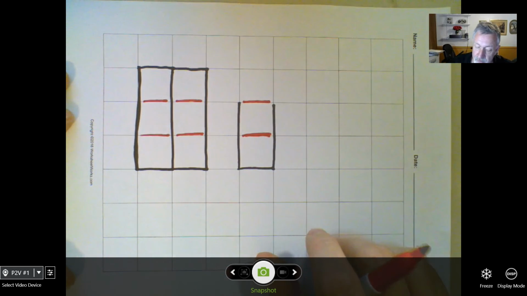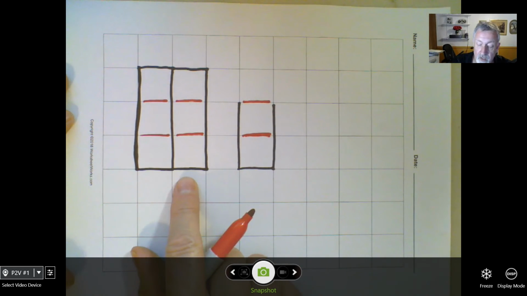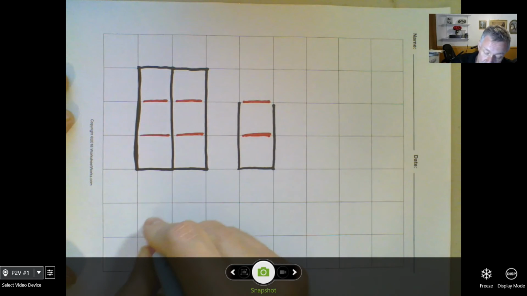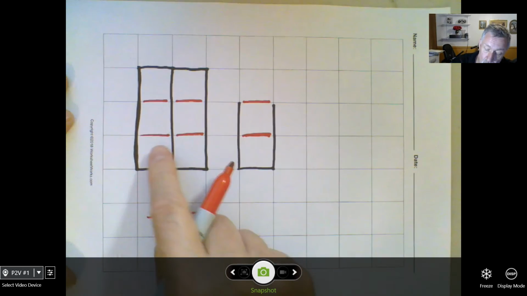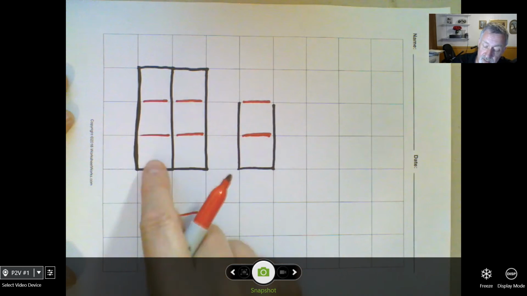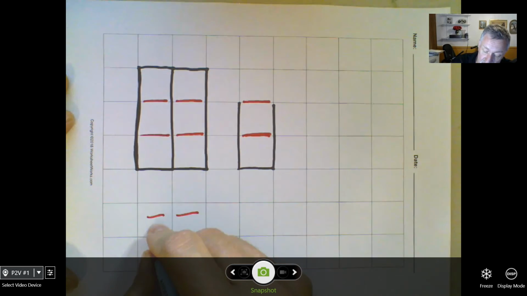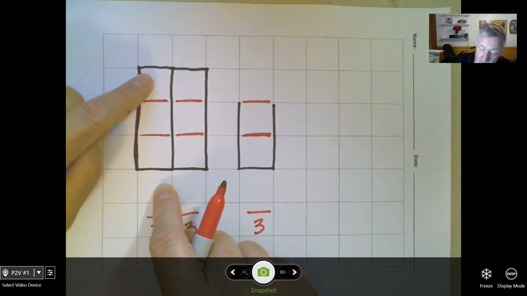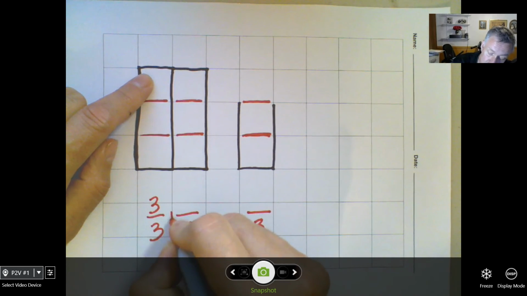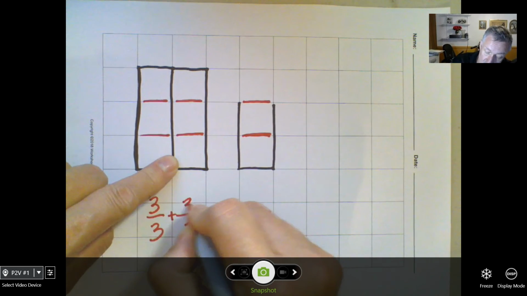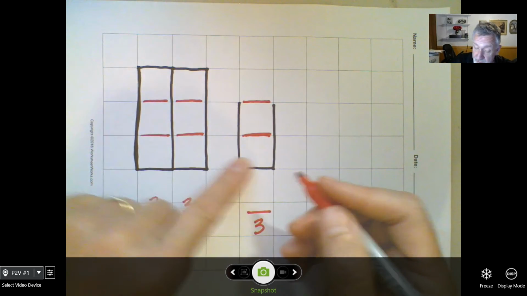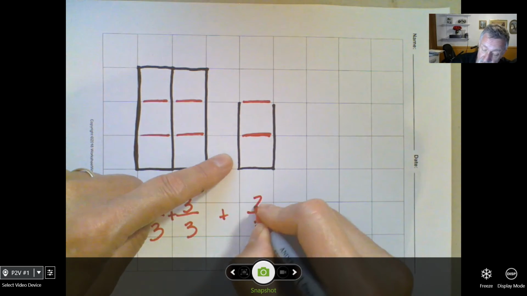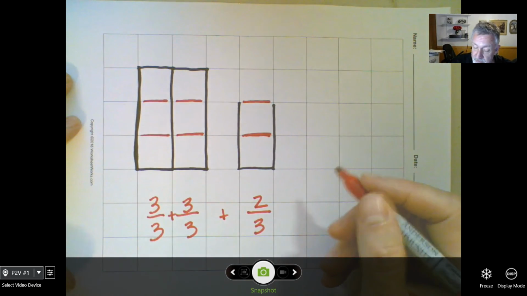In this example, again, we have 2 whole units, only in this case, 1, 2, 3. Each square represents a third. And so we have a whole unit, or 3/3 here. We have a whole unit, or 3/3 here. And in this last one, we have 2 out of the 3.